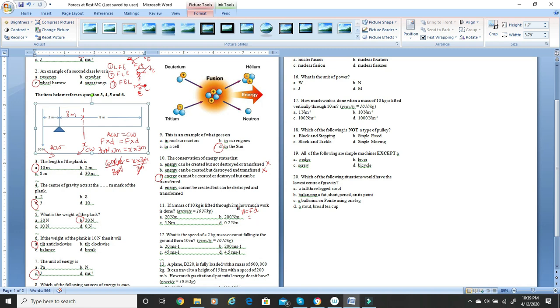So basically, you can change this mass into a force by multiplying it by 10 newtons per kilogram. That cancels. And then you multiply the distance, which is 2 meters. And that will give us 200.